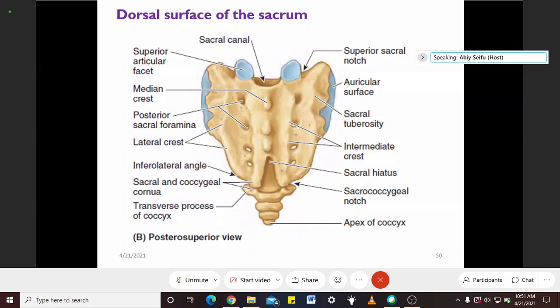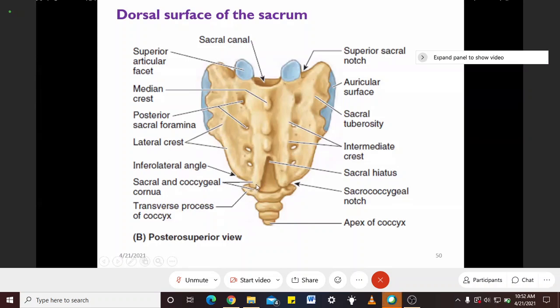And this one articulates superiorly with L5, whereas inferiorly, the apex of the sacrum articulates with the coccygeal bones, or coccyx. There is a horn-like projection, this one.